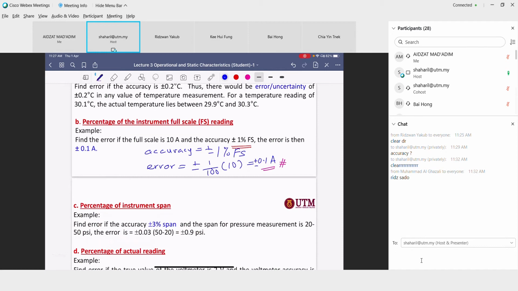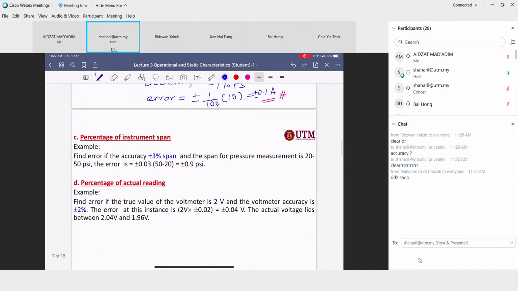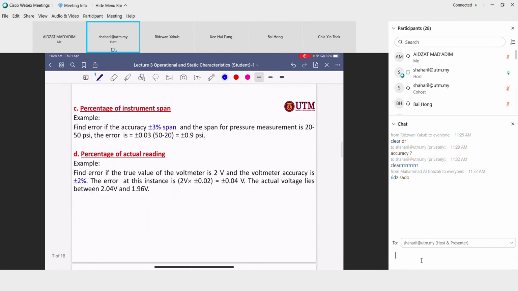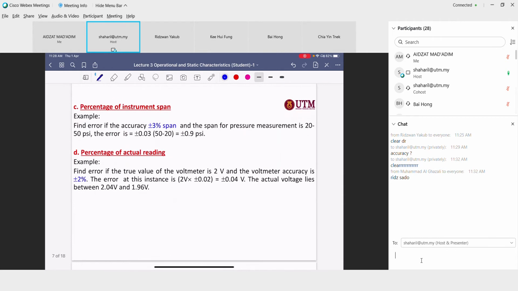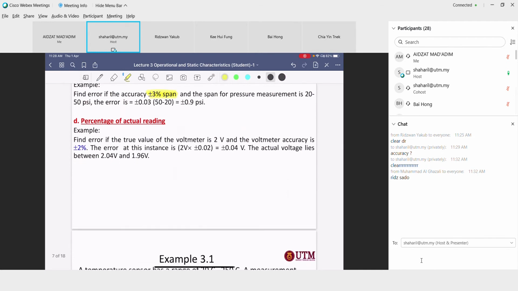So it gives you some general idea if you look at the difference in the data sheet of the transducer that you're going to buy. Some manufacturers show plus minus 3% span. So how to get the span? You can go to the shop and order, give me one span. No, you just take the maximum minus the minimum.